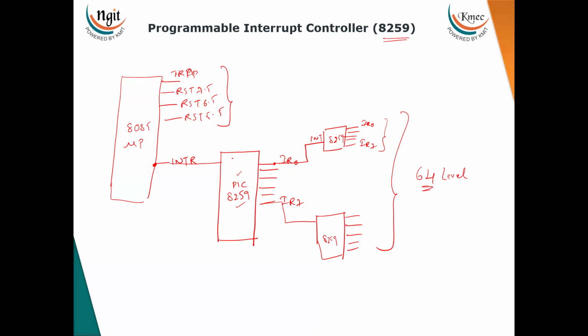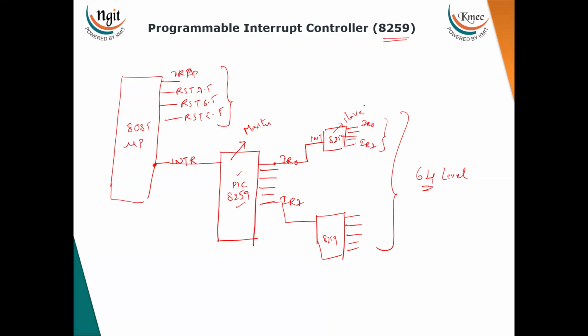The IC connected directly to the microprocessor is called the master, and the remaining ICs are called the slave ICs. So why do we connect this IC to the microprocessor? To increase the interrupt handling capability.